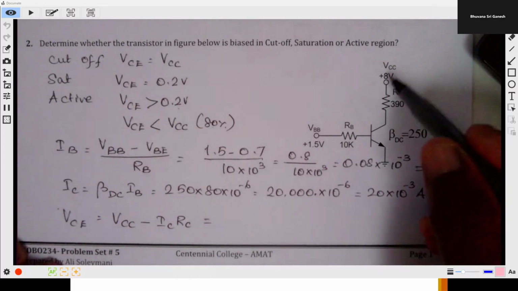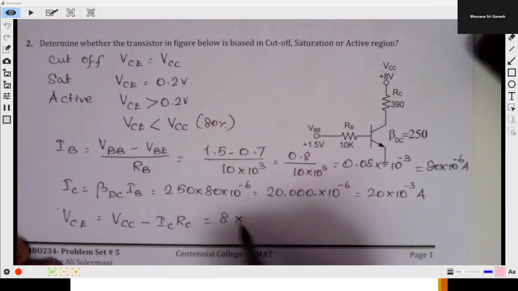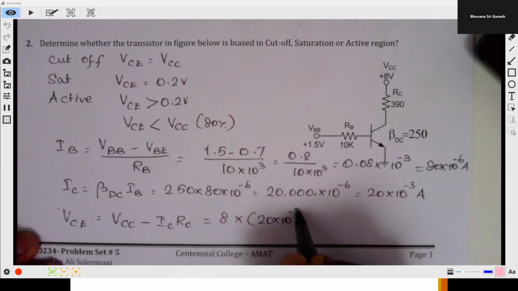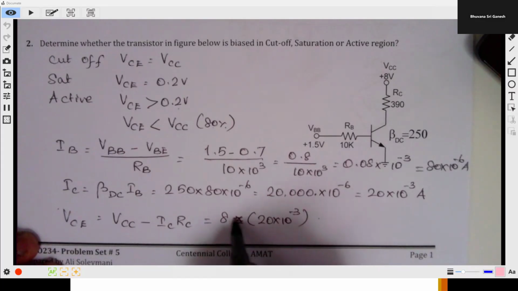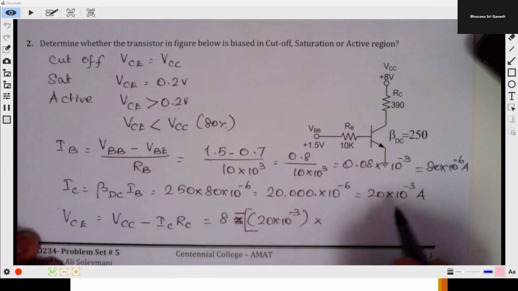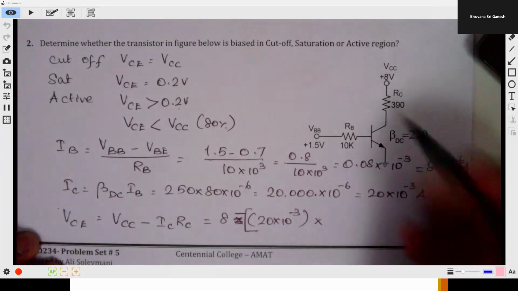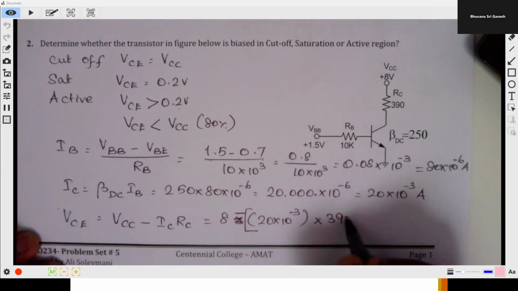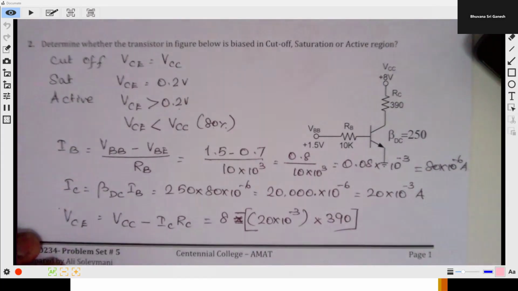VCC is 8 volts given. 8 volts minus the value of IC, 20 times 10 power negative 3, times RC value, which is 390. So this we have to do, right?